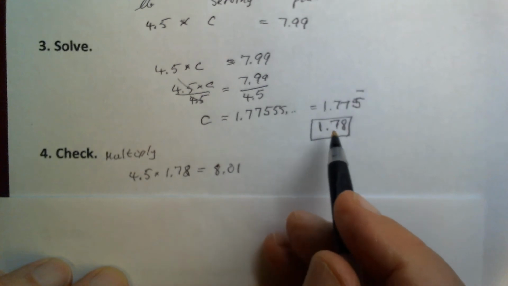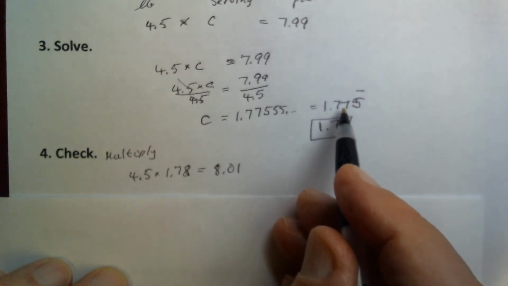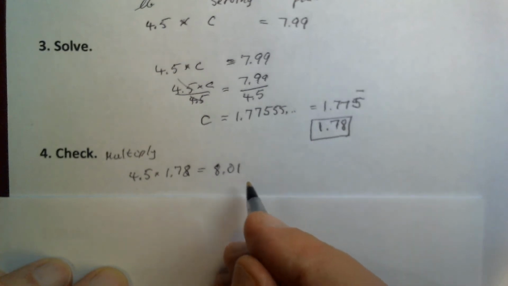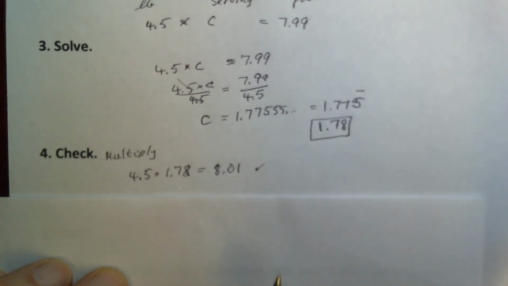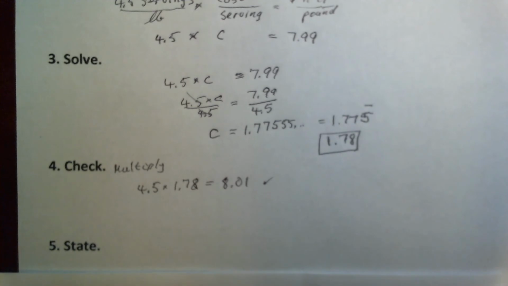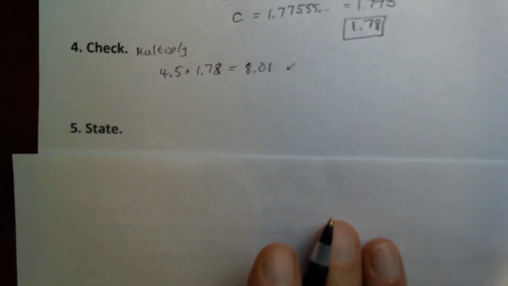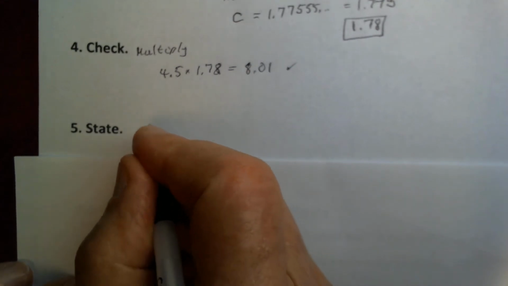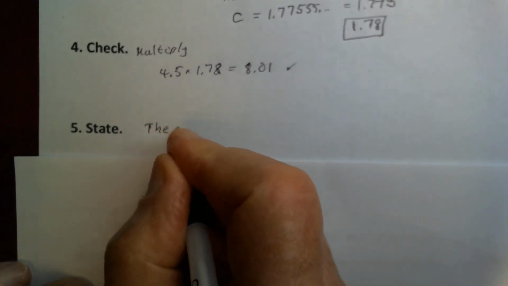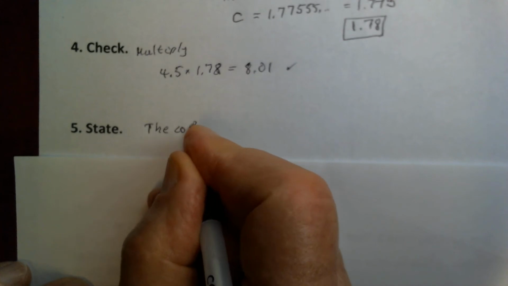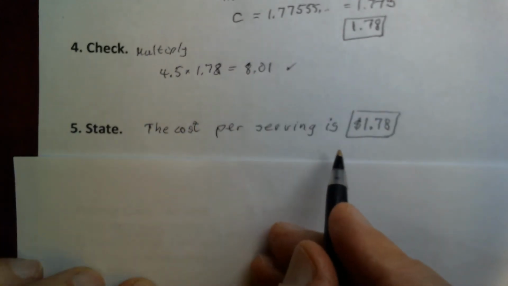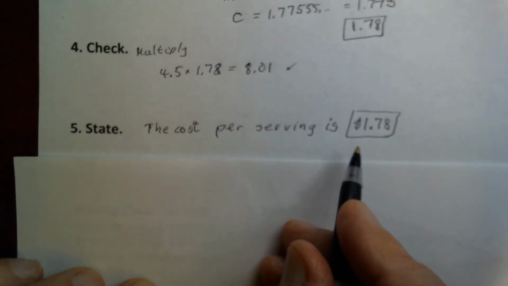Of course, due to rounding the 1.77555 to 1.78, so that's due to rounding error, so that checks. So we state our result, and that is the cost per serving. The cost per serving is $1.78.